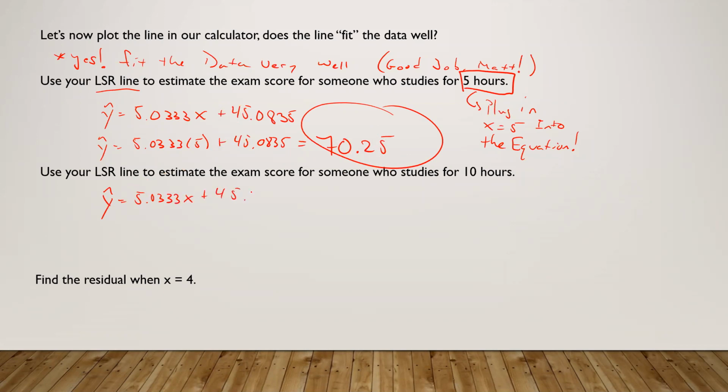Now let's predict the exam score for somebody who studies for 10 hours. Okay. How are we going to do there? Same thing, except here we're just going to plug in X is equal to 10 into our equation. All right, so Y hat is equal to 5.0333 times 10 plus 45.0835.